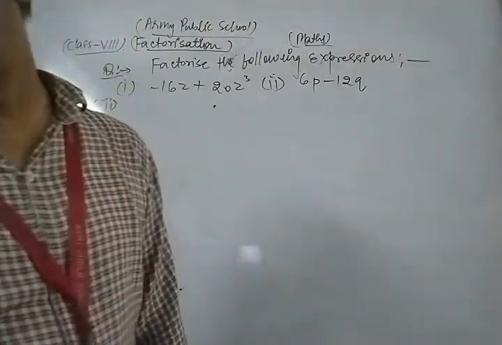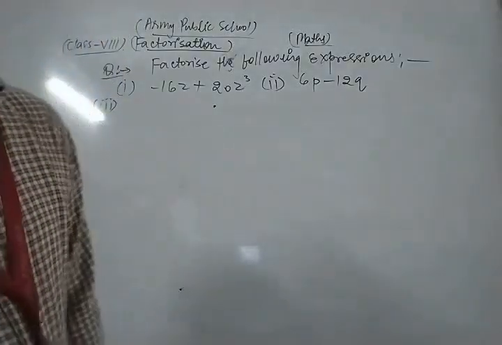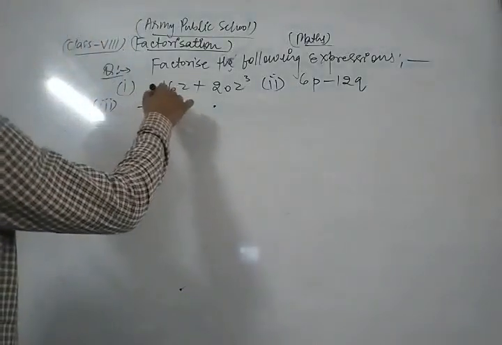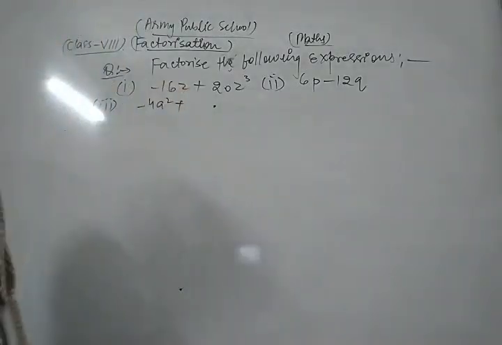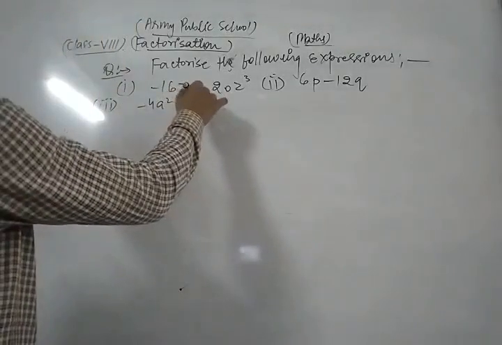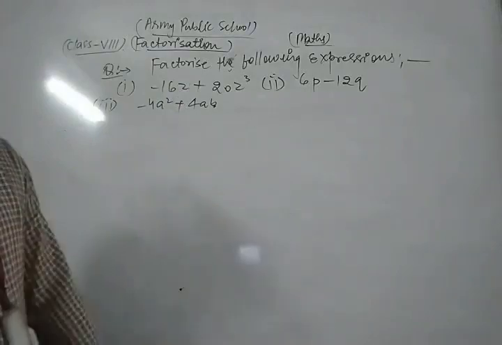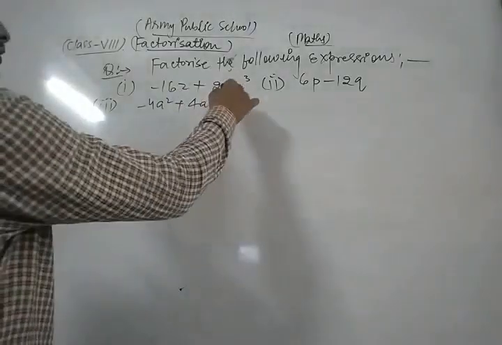Third one is minus 4a square plus 4ab minus 4ca.